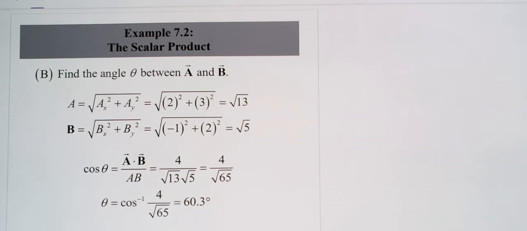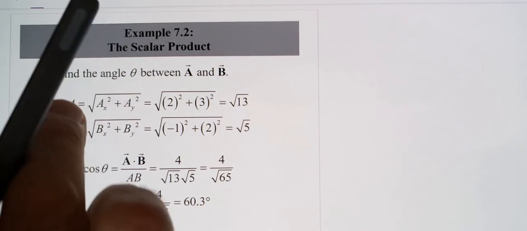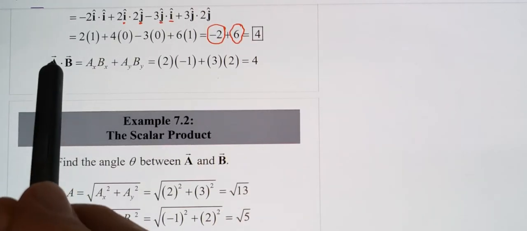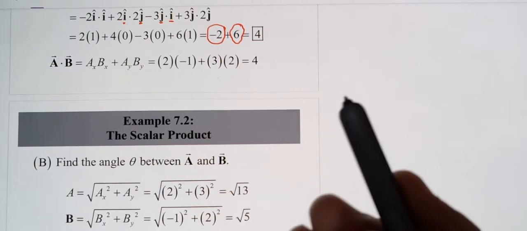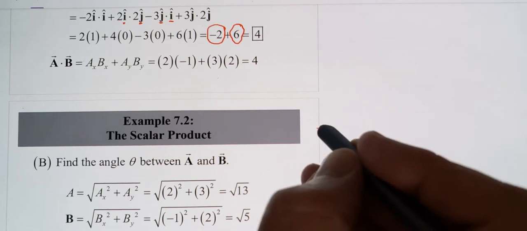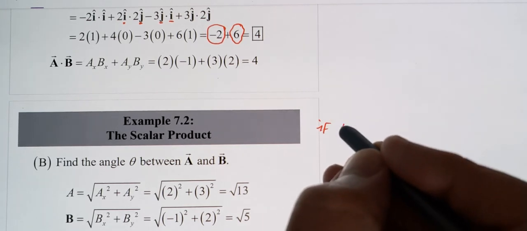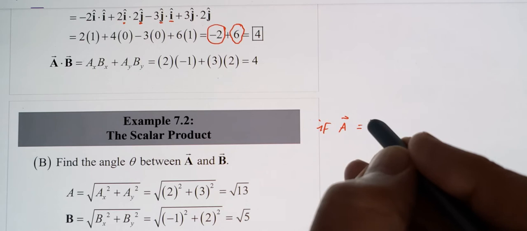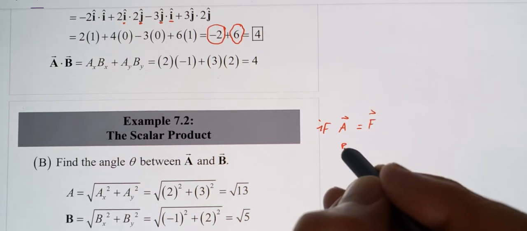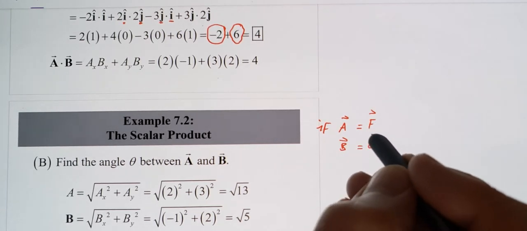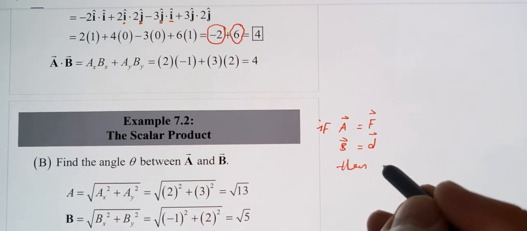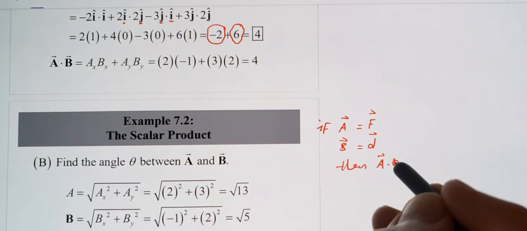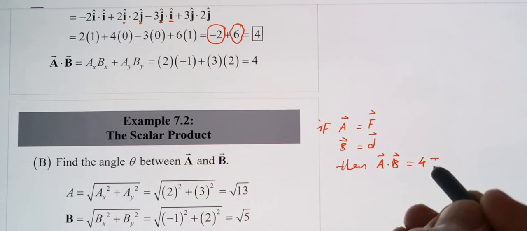Of course, work is a scalar quantity. So first of all, we calculate A dot B. If A is equal to the force and B is equal to displacement, then the answer A dot B will be 4 joule.